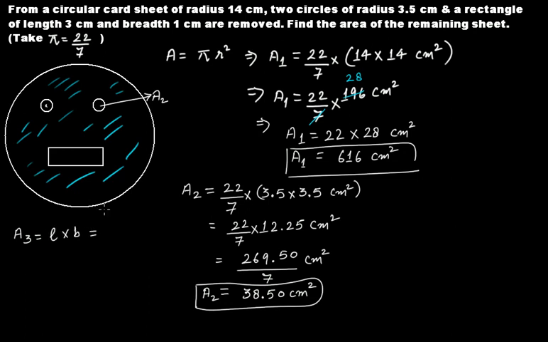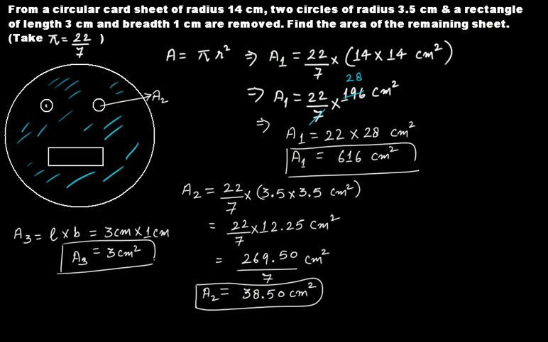So what's L here? L is 3 centimeter and breadth is 1 centimeter. So you get 3 centimeter square. That is, the area of the rectangle is 3 centimeter square.